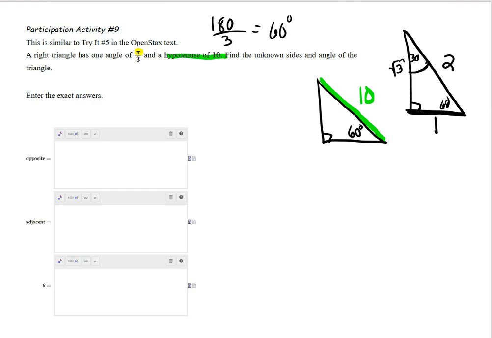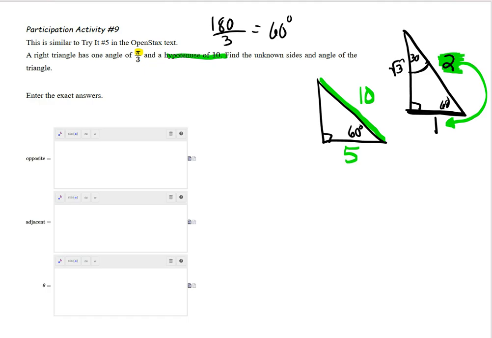So okay, now here's the fun part. Your standard hypotenuse is the number 2. This says 10. Whatever the hypotenuse is, it is twice the size of this one. So if that is 10, then this has to be 5.